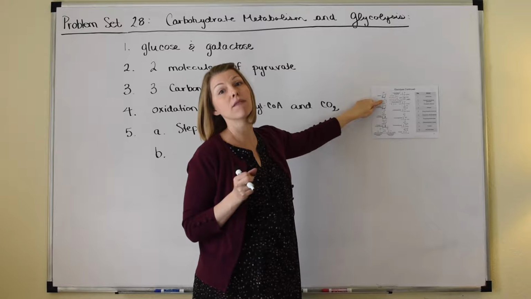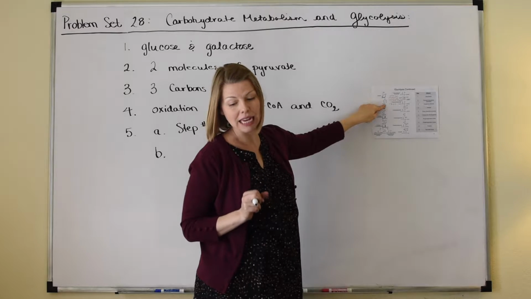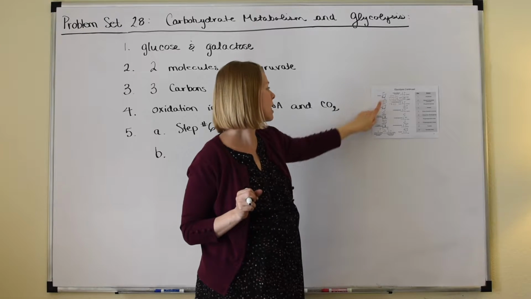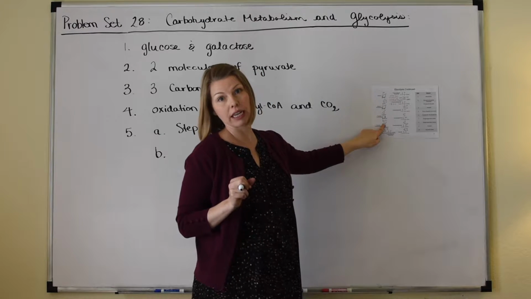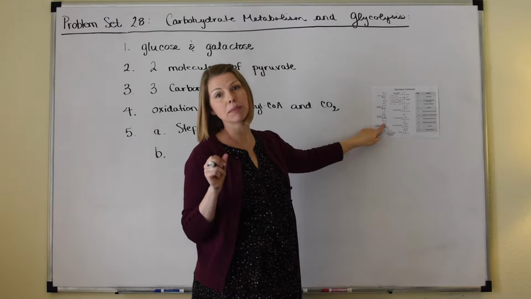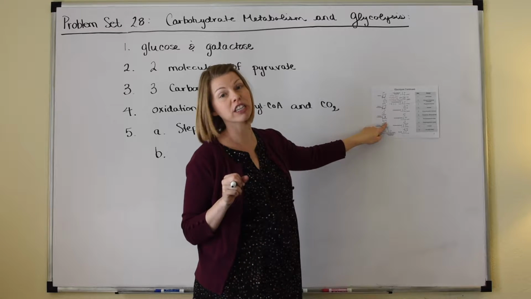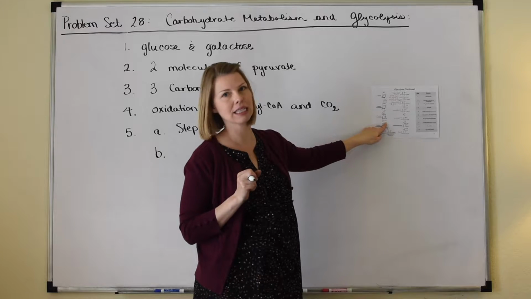So it's being converted into ADP. It is not being synthesized. So don't write step 1. Same thing on step 3. ATP is being used as a source of phosphate, so being converted into ADP. So it's not being synthesized.